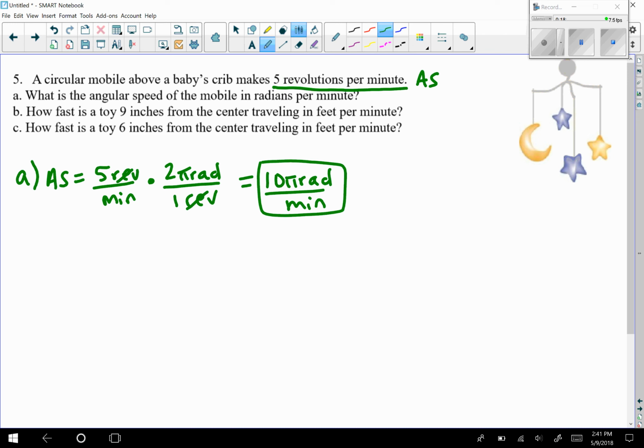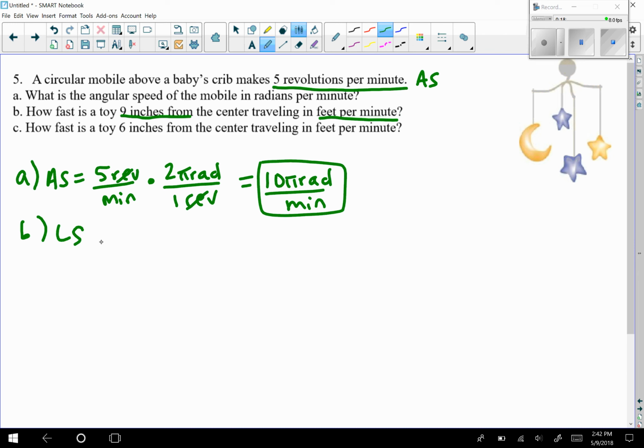So then for the next part for B, it says how fast is the toy 9 inches from the center traveling in feet per minute. So in this case, we have how fast. So this is going to be our linear speed.